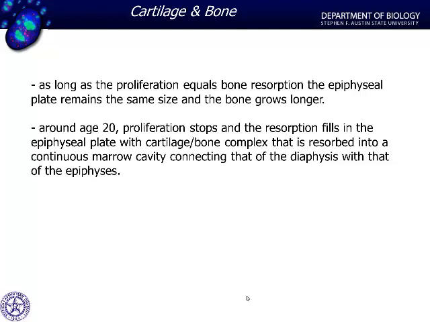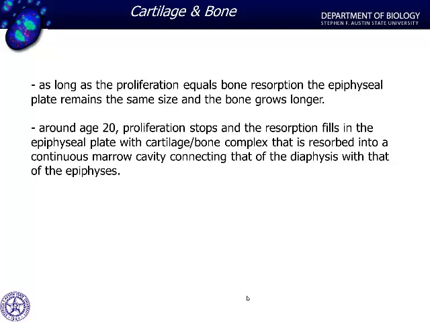Now, when we look at the activity of our epiphyseal plate, you have to understand that the lengthening of the bone is going to be the net result of bone formation and bone resorption, osteoclastic versus osteoblastic and osteocytic activity. So as long as the resorption equals proliferation, we're good.